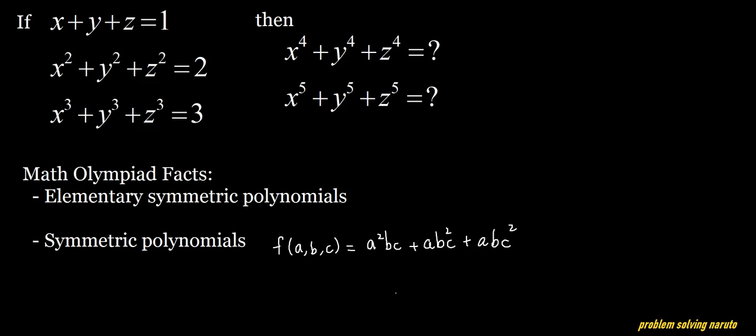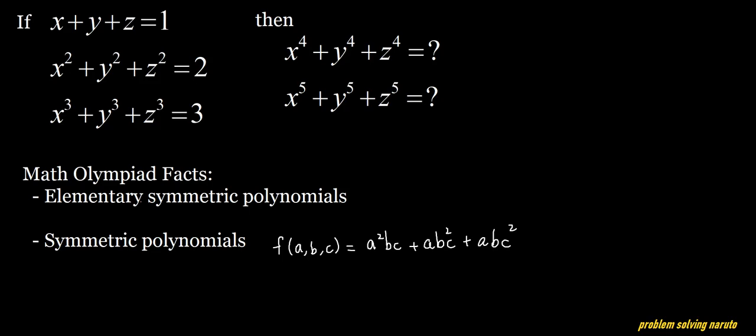You can see that if I substitute B in place of A, and A in place of B, the whole expression doesn't change. These would be called symmetric polynomials.